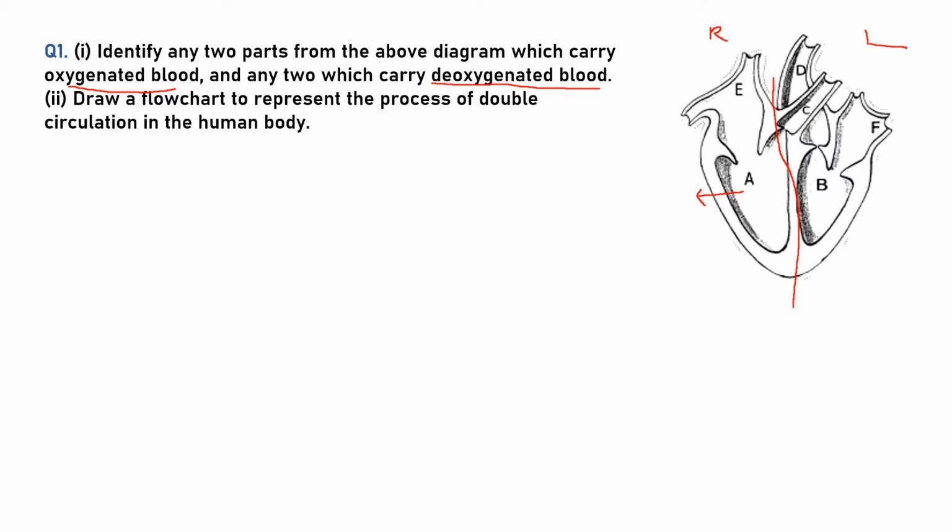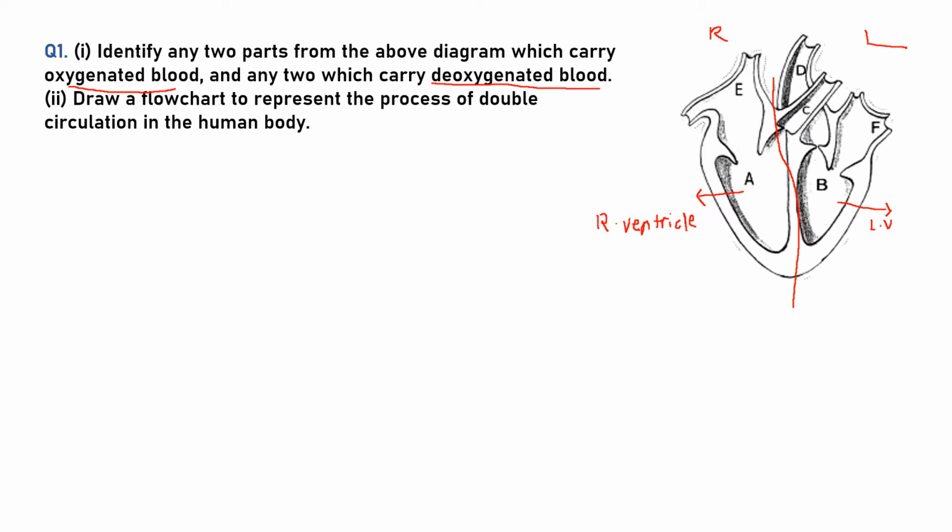Now this will be my right ventricle. This is my right ventricle. The handwriting is not coming that great. And B is the left ventricle. I'm just writing LV, left ventricle here.